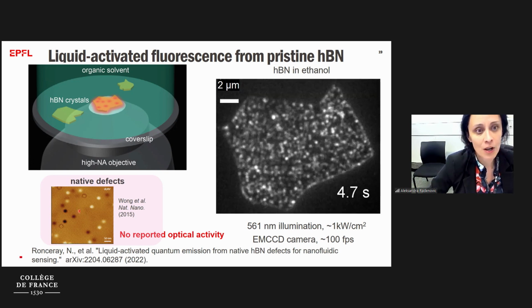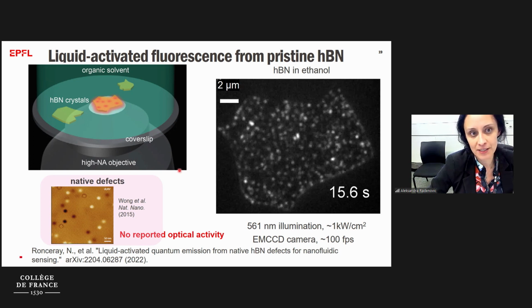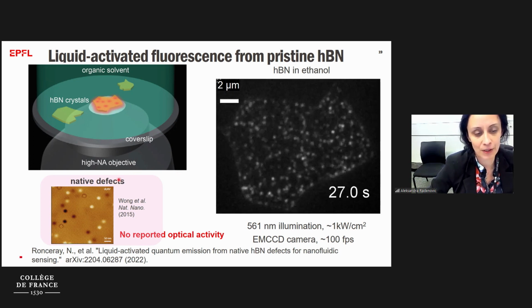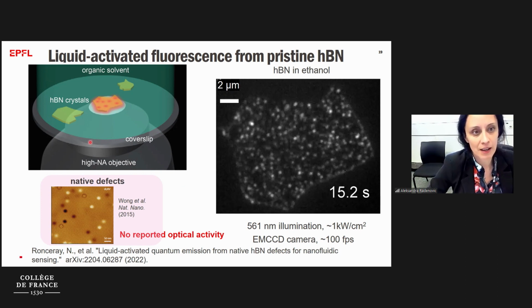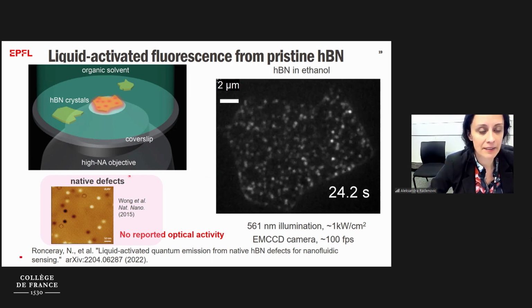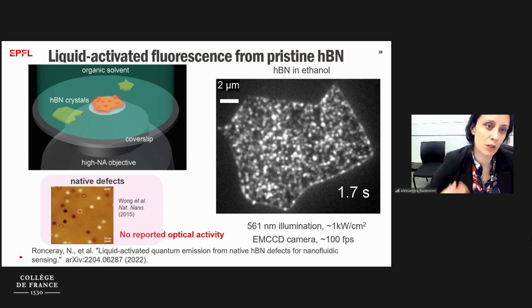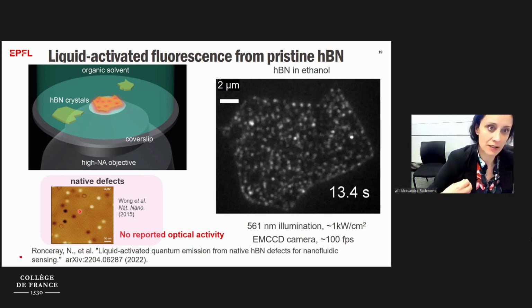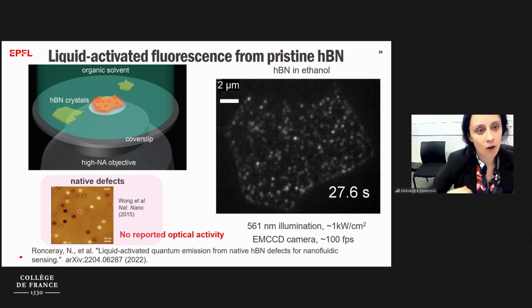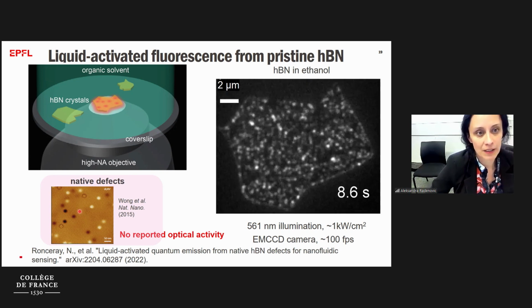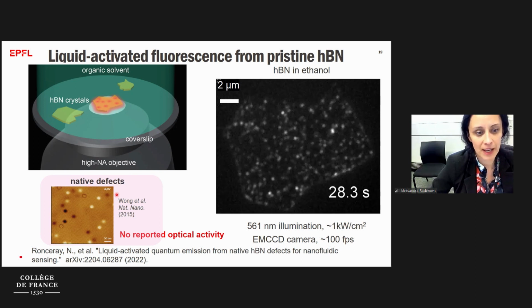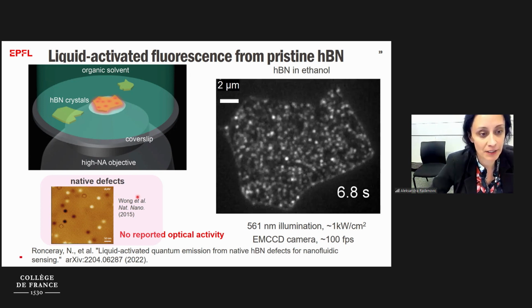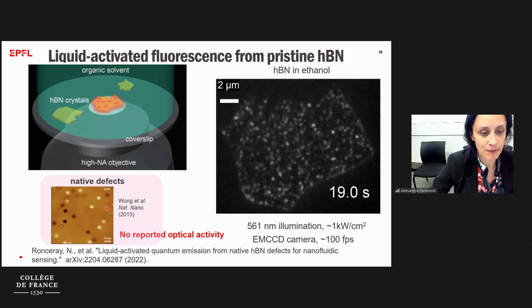Until this point, these native defects in hexagonal boron nitride have been a bit overlooked in the community that deals with quantum emitters, and everybody was trying to do this type of deterministic or strain-induced implementation of the defects, while the native defects have actually been observed with the scanning tunneling microscope.